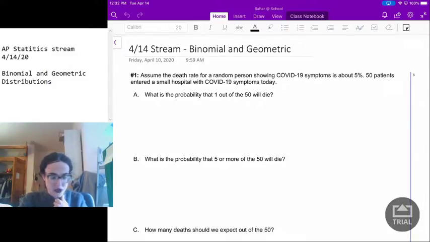We can do this 2 different ways. We can either do this by hand, or we can do this by calculator. So let's start with doing it by hand, and then we'll show the calculator as an easier kind of trick for working with this.